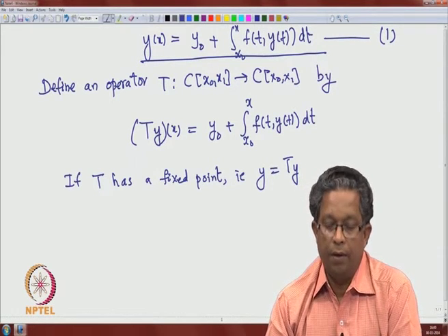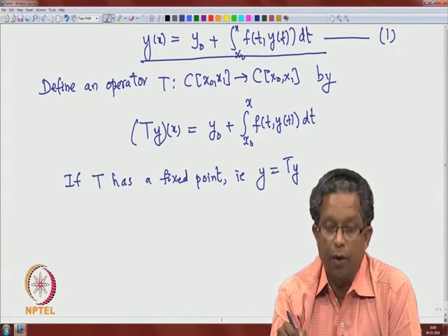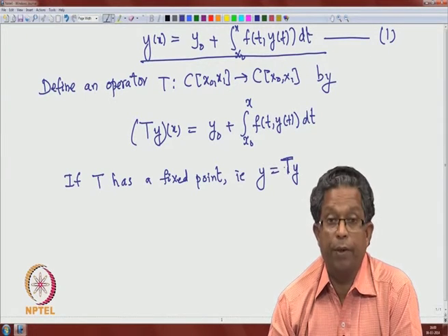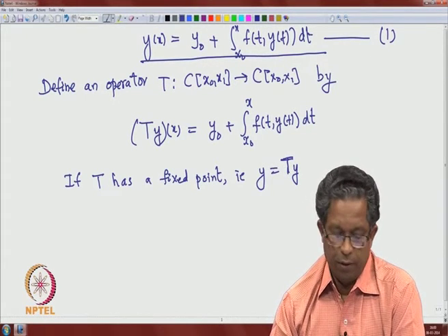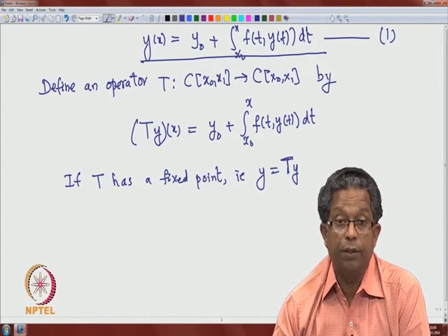So, therefore, the solvability of the integral equation 1 is equivalent to the existence of a fixed point for the operator T. So, my objective is to show that T has a fixed point.